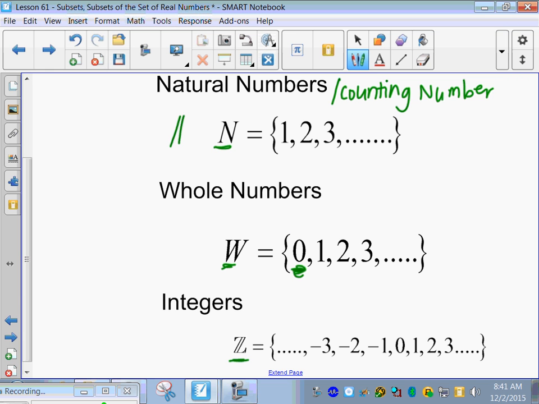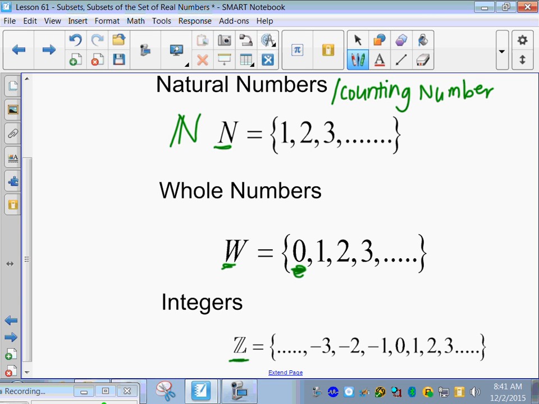A lot of times these have double bars when we're talking about a set of numbers, okay, on the letter. So Z is the integers. So the integers is every single positive and negative number and 0, but no fractions, no decimals, okay, but all the positives and all the negatives.